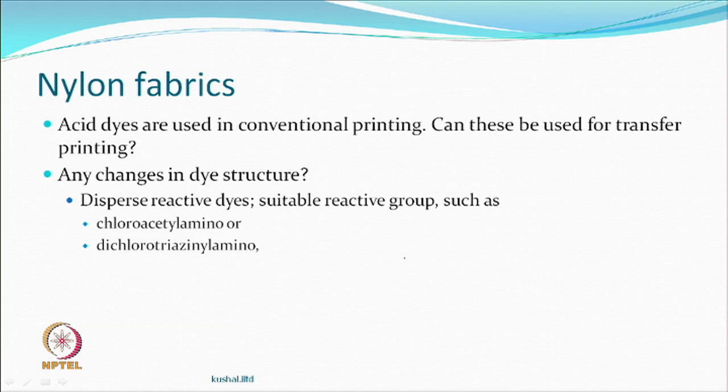So, there is a class of dye which is being generated called disperse reactive. Obviously you can understand, you did not want this type of dye for polyester. What will you do with this, right? The disperse dye on polyester is anyway nice.